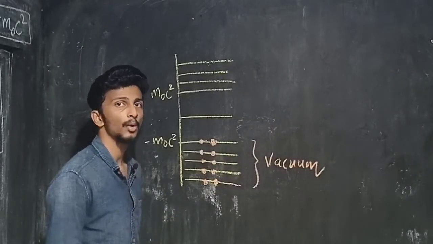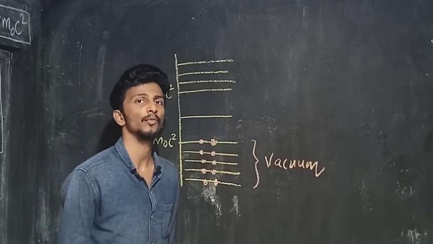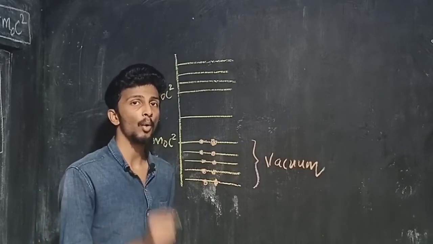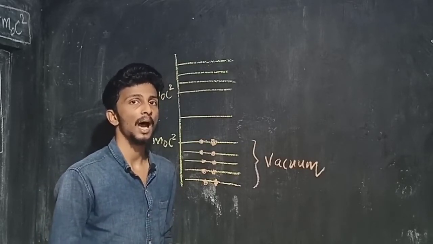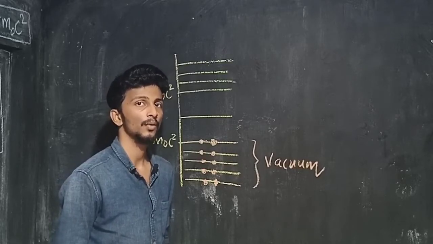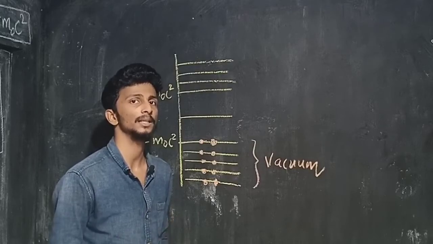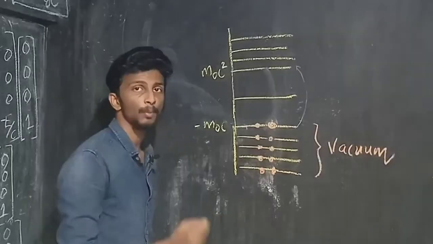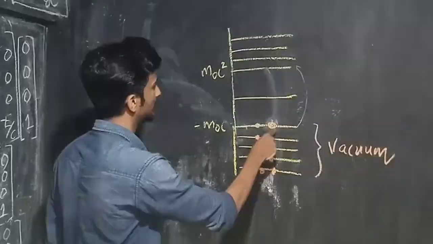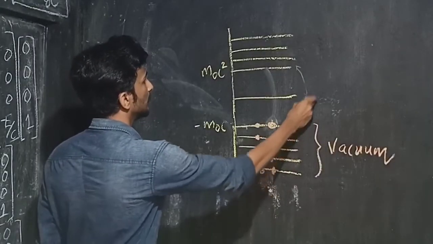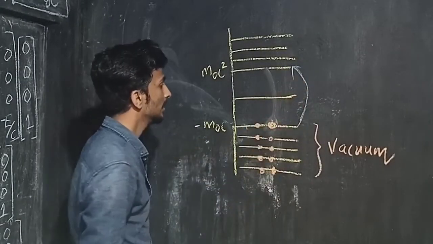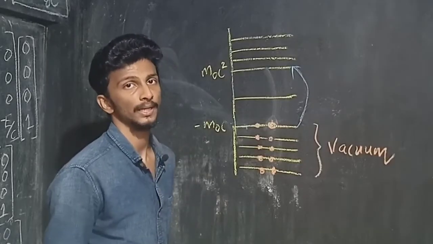So according to Dirac theory, the vacuum consists of negative energy states, and all those negative energy states are completely filled. For the case of electrons, these negative energy states are completely filled with electrons. By quantum laws, it is possible to excite the electrons in this negative energy state to these positive energy states by supplying some amount of energy.